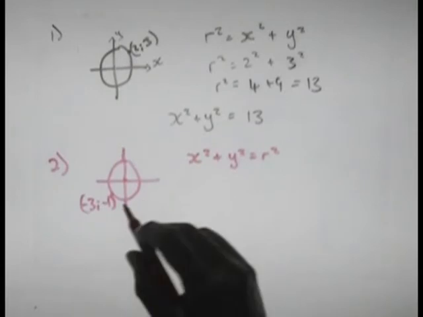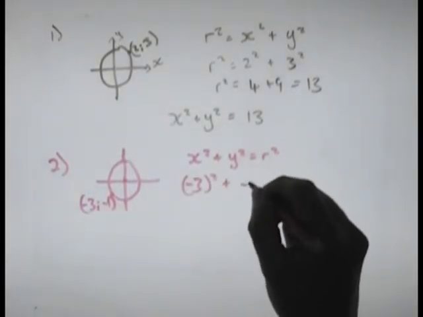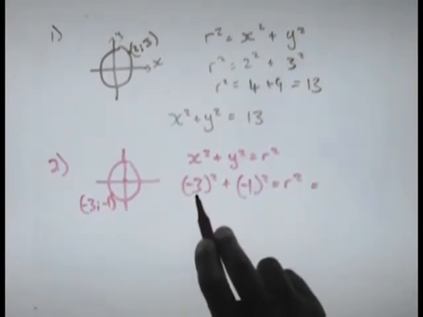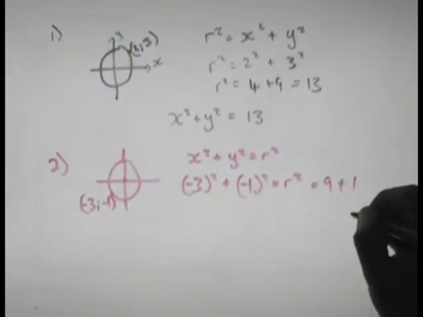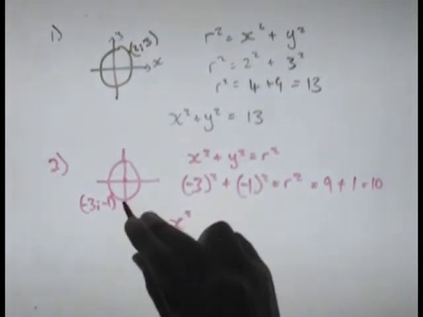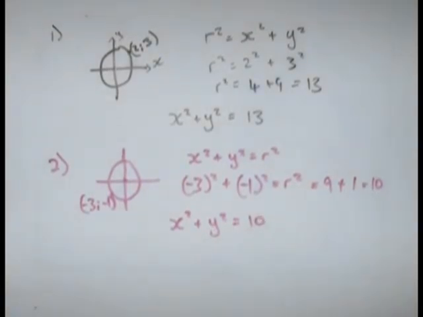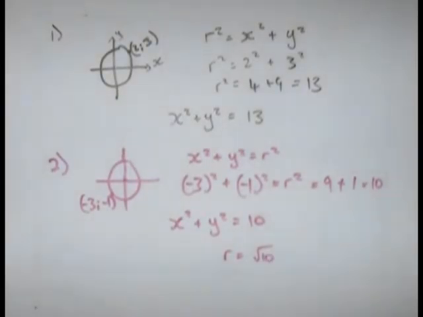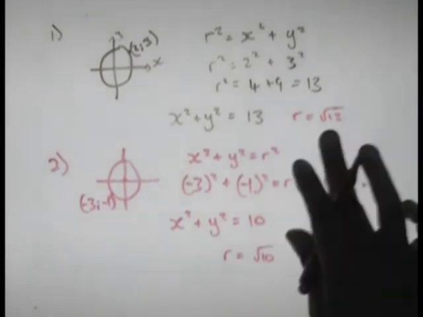To get r, we substitute that point in, which means that -3 squared plus -1 squared is equal to r squared, which is equal to 9 plus 1, which is equal to 10. That means that for this circle here, x squared plus y squared is equal to r squared, which is 10. That means that the radius in this case is root 10. And in this case here, the radius is root 13, but that's not important.